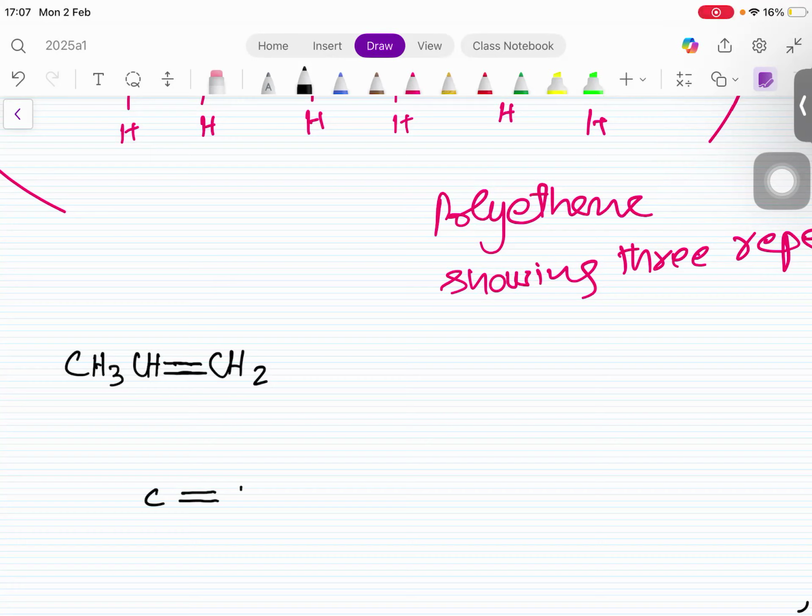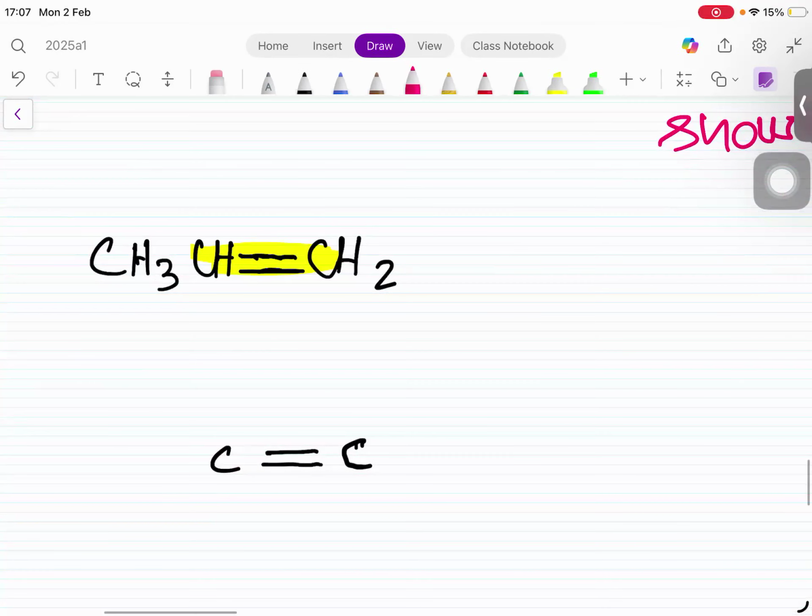So I'm going to write the two carbons which are carrying the double bonds. First of all, there are two carbons here which are carrying double bonds. So I'm writing it. How many hydrogens attached with it? The first one. So I'm going to put them like this. And what about the other one? Here, one CH3.